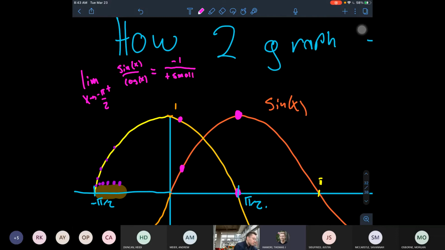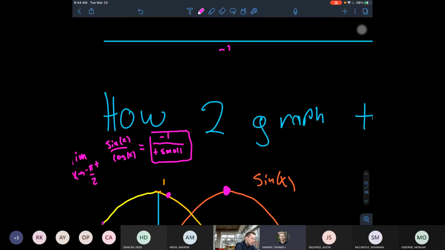Okay, and what I want to consider really when I'm taking this limit is what is happening to the value of this fraction when I divide the number -1 by a very, very small positive number. Well, if I take -1 and I divide by 0.1, I get -10.